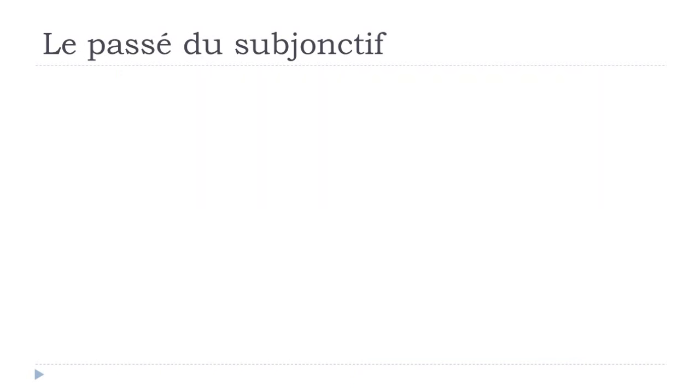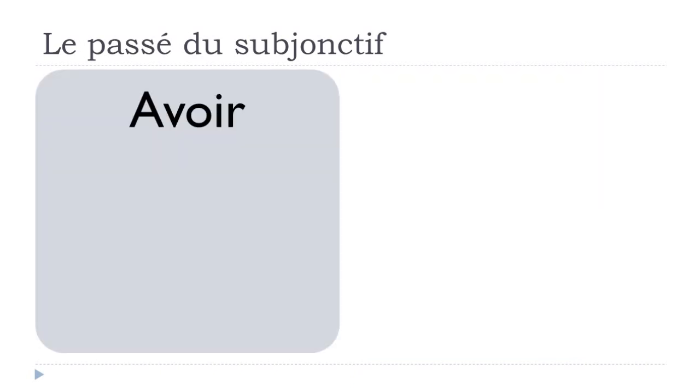Okay? So now we should definitely review one more time the subjonctif présent form of avoir and être, because these are the first forms that we will use to construct this passé du subjonctif. Okay?